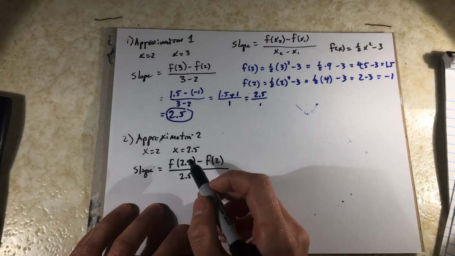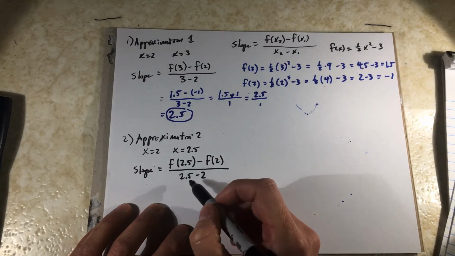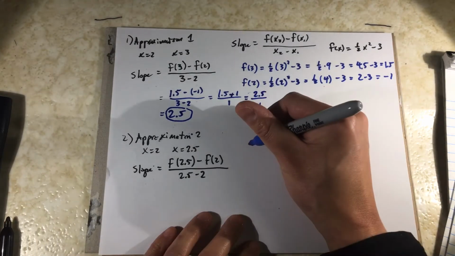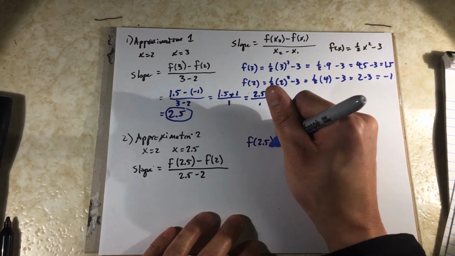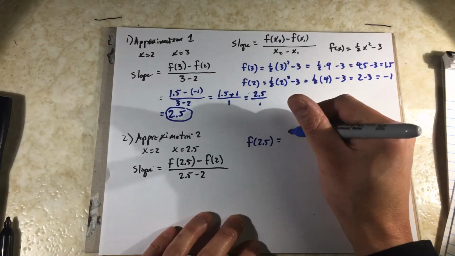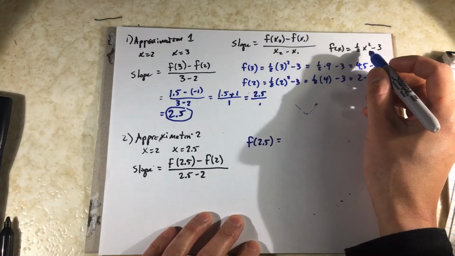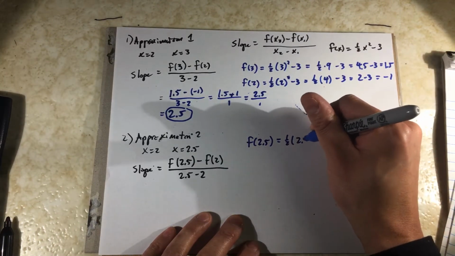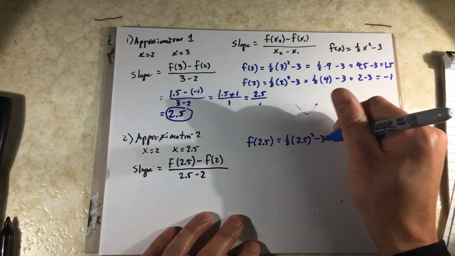All right, f of x2 minus f of x1 over x2 minus x1. So let's calculate f of 2.5. All right, so f of 2.5, we take the equation and we just replace x with 2.5. So 1/2 times 2.5 squared minus 3.